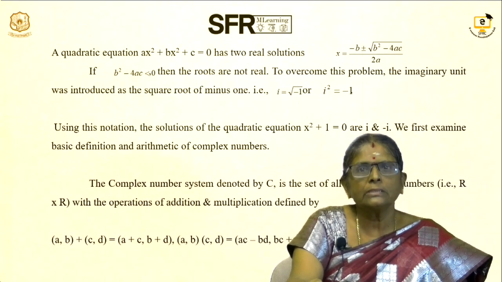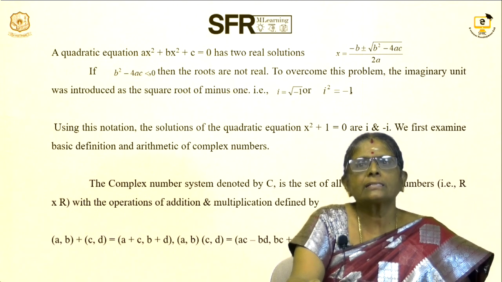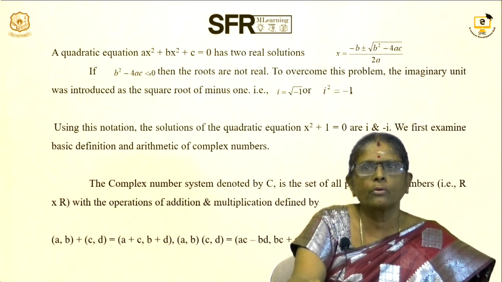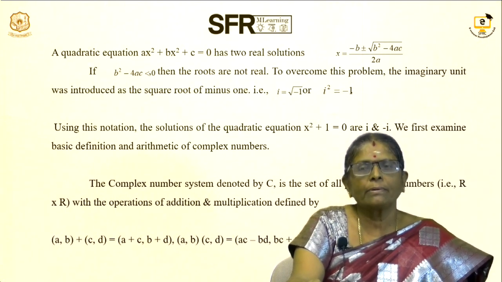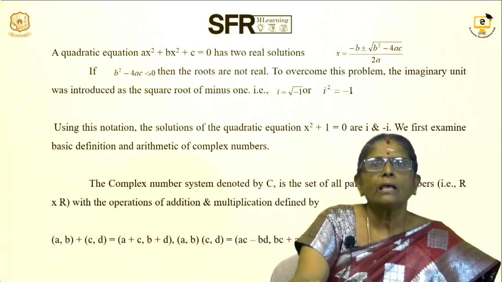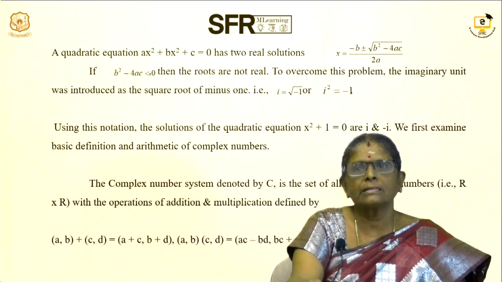To overcome this problem, the imaginary unit was introduced. Its value is i squared equal to minus 1. Using this notation, the solutions of the quadratic equation x squared plus 1 equal to 0 are i and minus i. Now we have the basic definition of arithmetic of complex numbers.